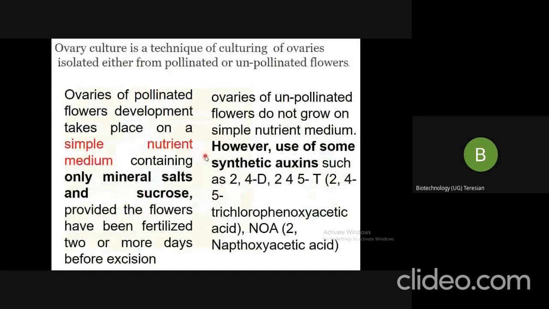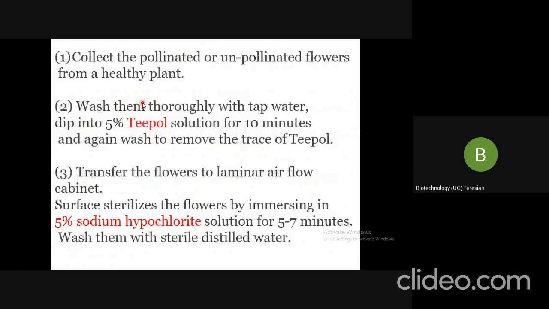So, first let us define what is the meaning of ovary culture. Ovary culture is a technique of culturing of ovaries isolated either from the pollinated or unpollinated flower. So, ovary is an ovule bearing region of the pistil. Look at this.